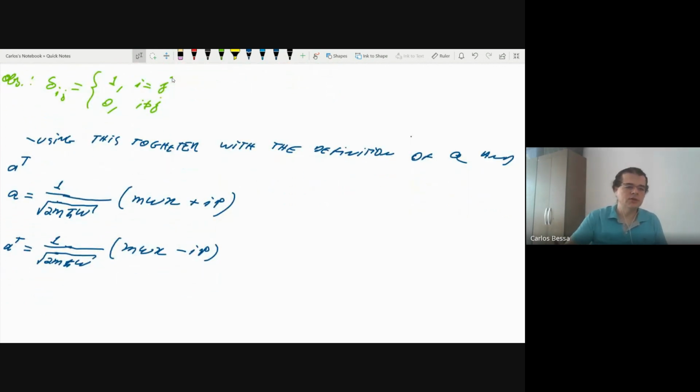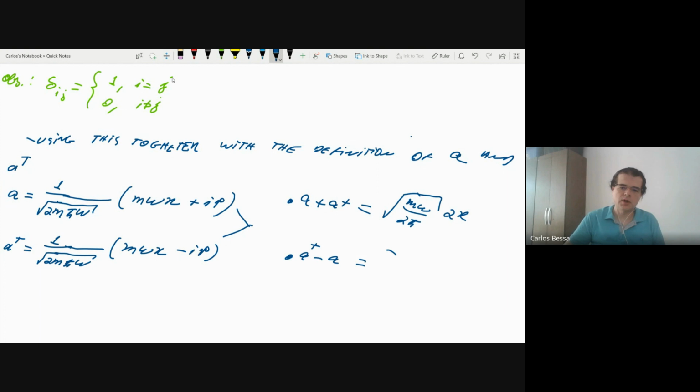So we can see from this, let's use this space, a plus a dagger will be m omega over 2 h bar times 2x, and a minus a dagger will be minus 2i p over square root of 2 m h bar omega.